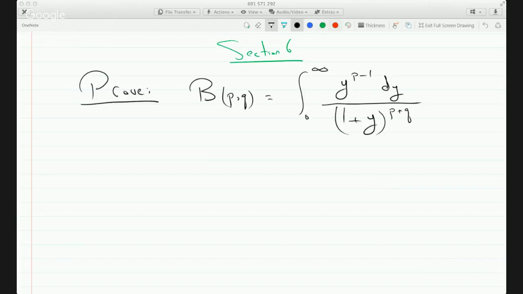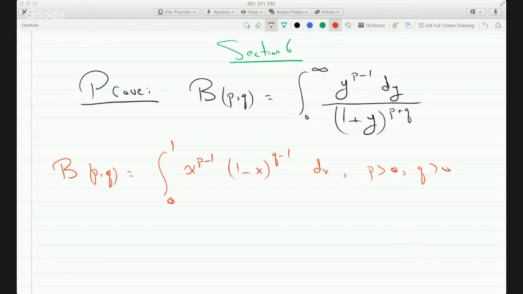Originally, we know what the definition of the beta function is. Beta(p, q) is equal to the integral from 0 to 1 of x^(p-1) (1 - x)^(q-1) dx, assuming that p is greater than 0 and q is greater than 0.